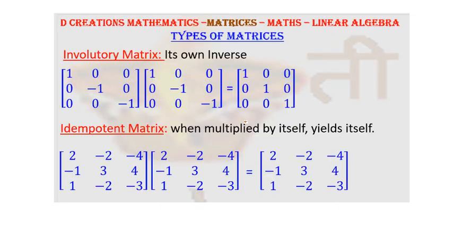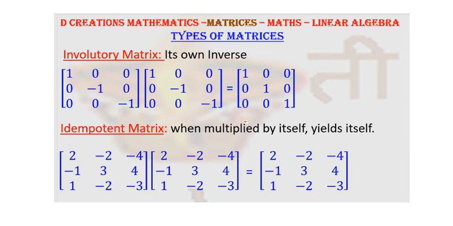And then there is a type of matrix called an involutory matrix. So if the matrix is its own inverse, for example, if you see this matrix, if you multiply it by itself, because here we are claiming that the matrix is the inverse of itself.